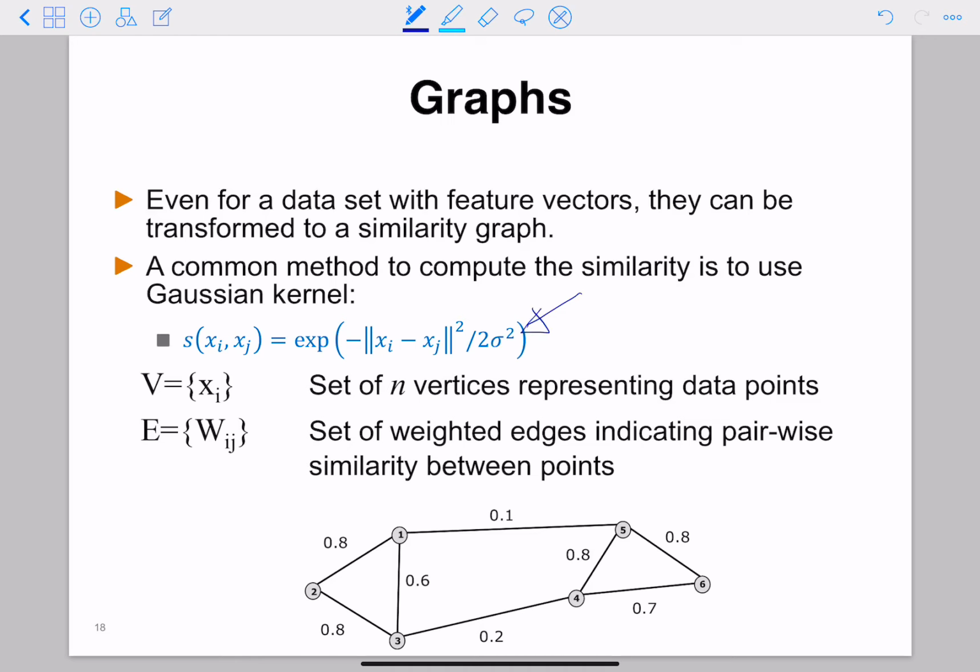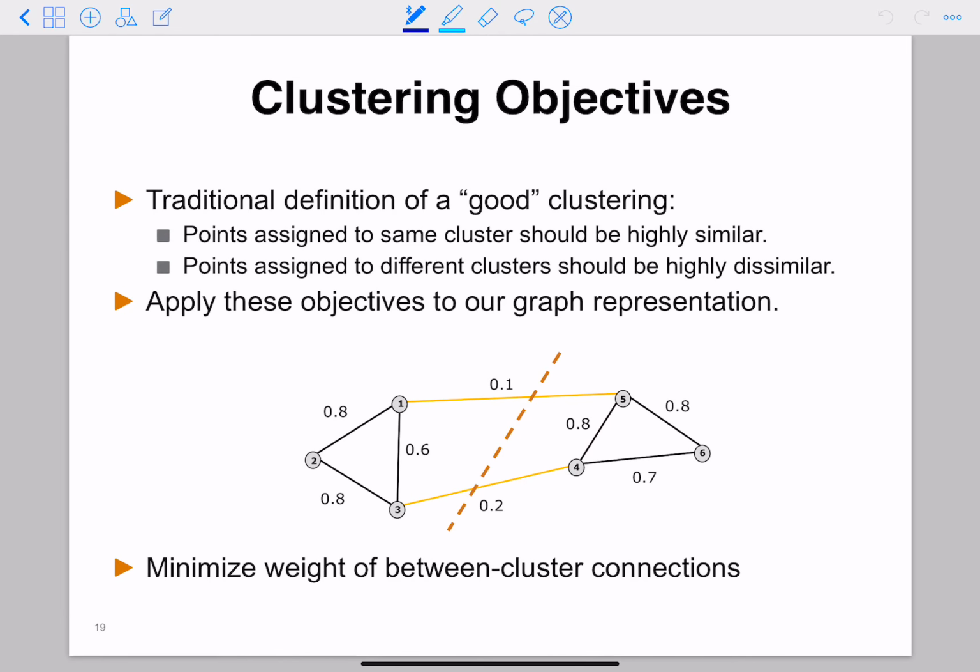One popular method is to use the Gaussian kernel to change the distance between two data points into a similarity, right? So that way we can obtain the pairwise graph matrix or similarity matrix using this Gaussian kernel.